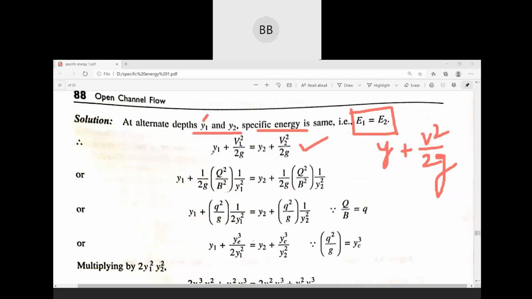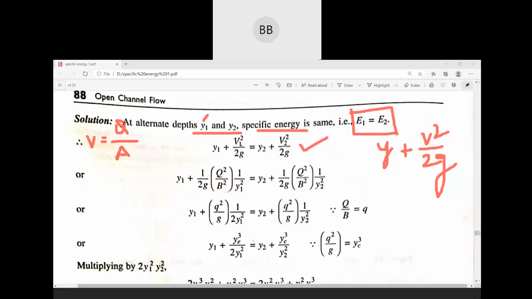Then again, v is the velocity. In place of velocity, we can write Q by area, as discharge is equal to area into velocity.